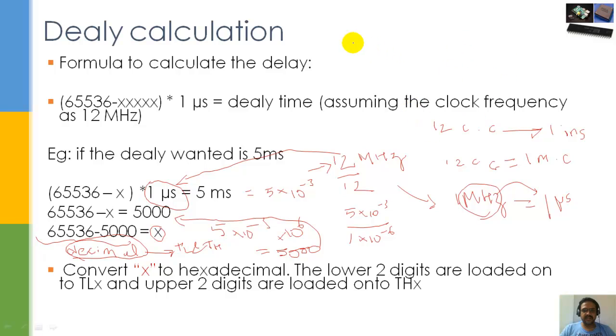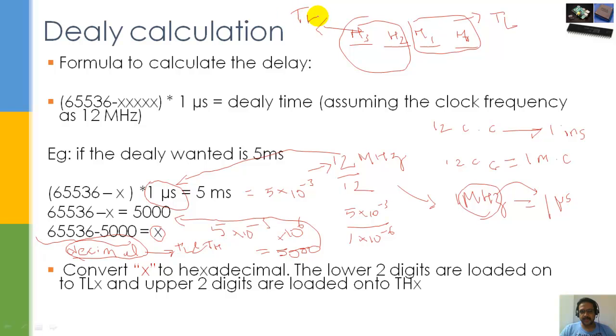When you convert the decimal, you will get 4 hexadecimal digits. I'll call them H0, H1, H2, H3. So when this difference, which is a decimal number, is converted to hexadecimal, I get 4 hexadecimal digits. The lower two digits go to the TL register and the upper two digits go to the TH register.